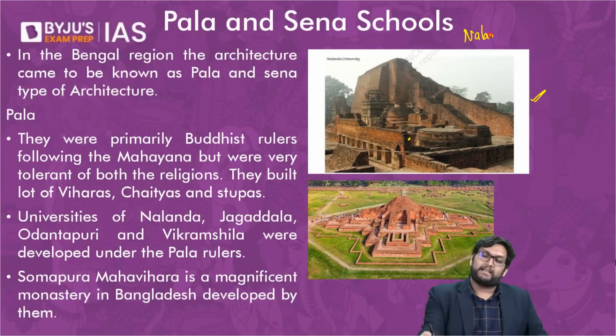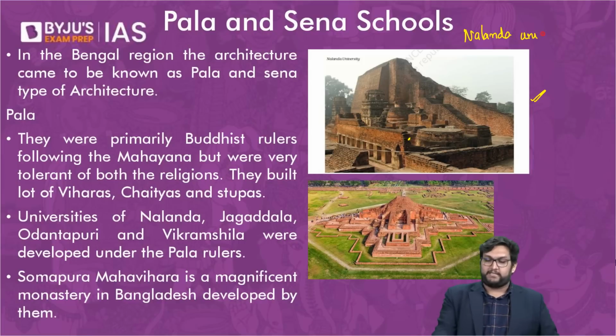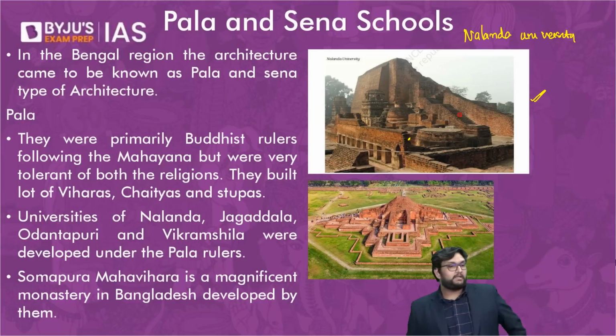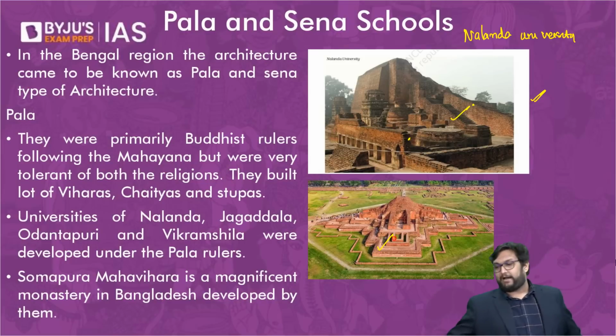Now, if you look at Nalanda University bricks, and this brick, which is the Sompura Mahavihar in Bangladesh, you will realize that these bricks are very similar to what are used in stupas. So what the Palas are known for is basically keeping Buddhist architecture alive in their temples.